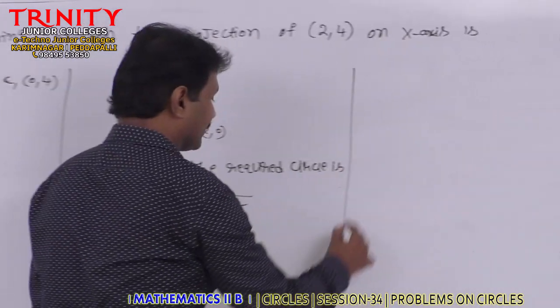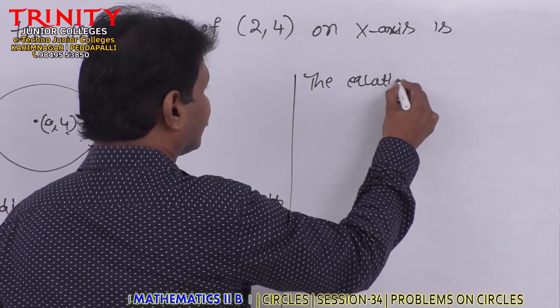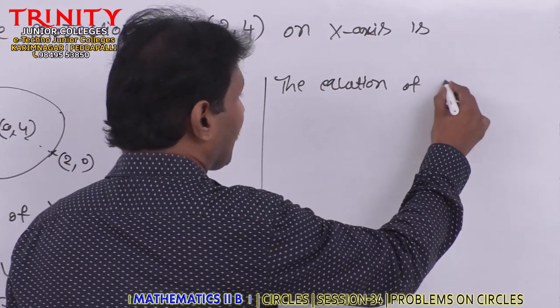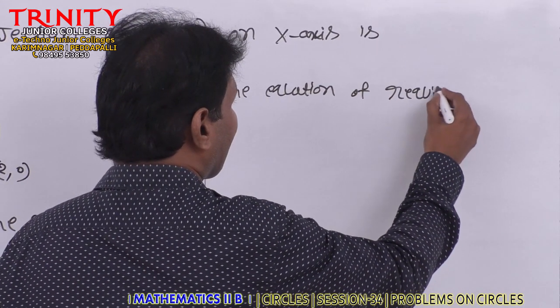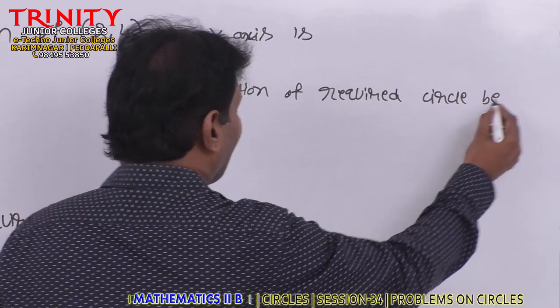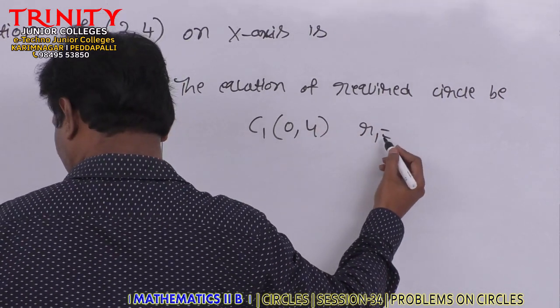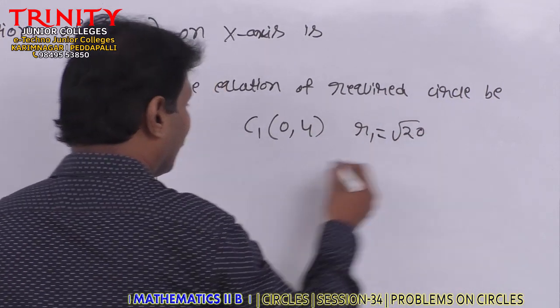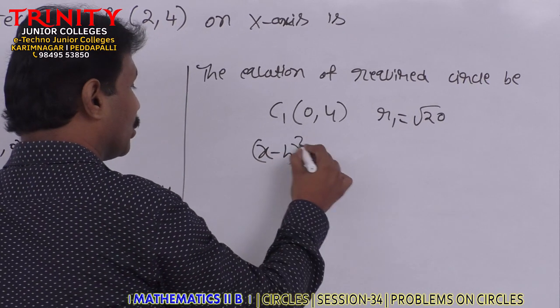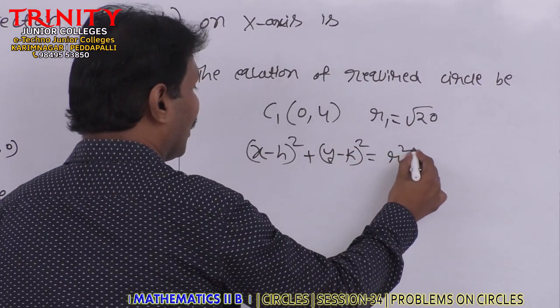Therefore, the equation of the required circle: the center is (0, 4) and the radius is root 20. We know the formula is x minus h whole square plus y minus k whole square equal to r square.